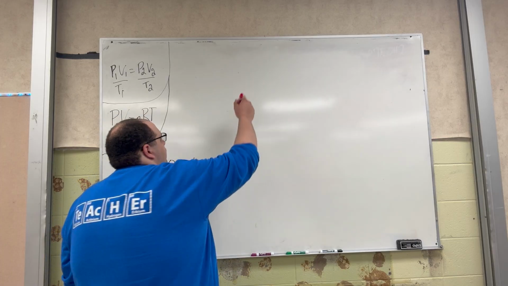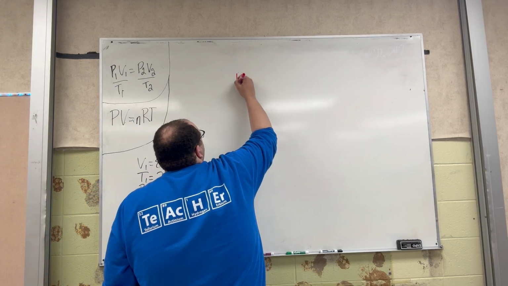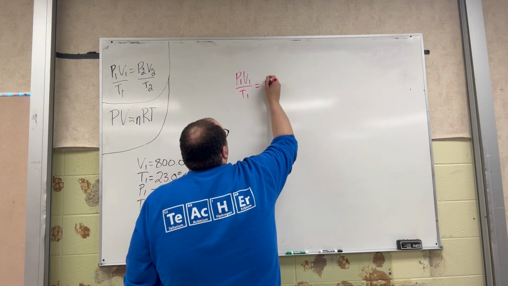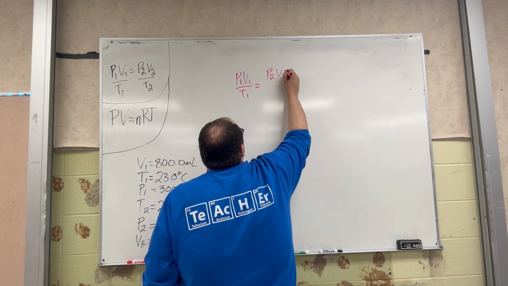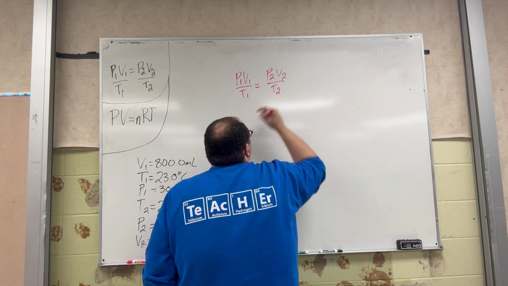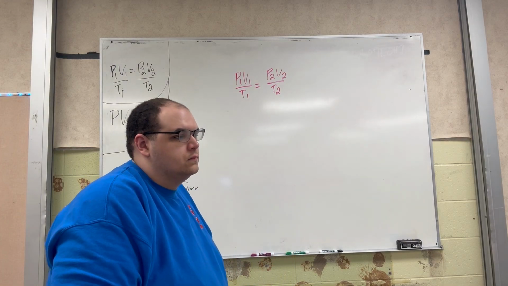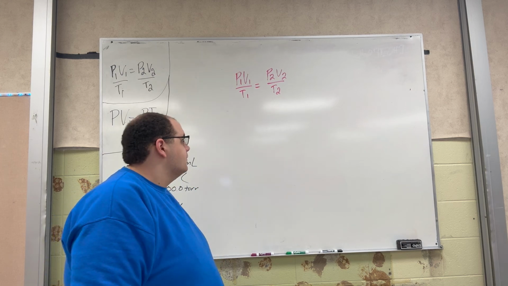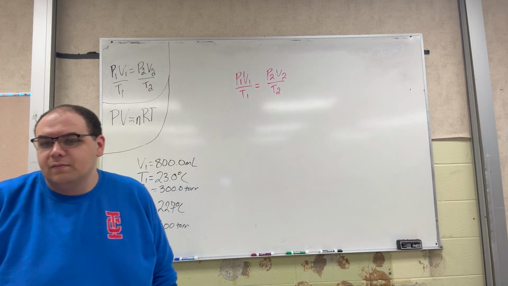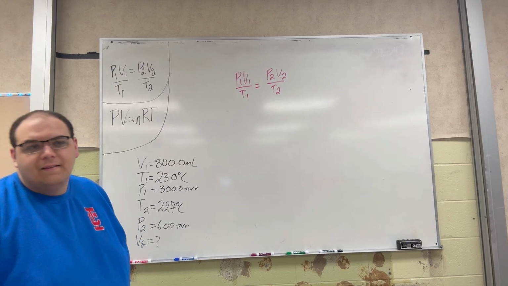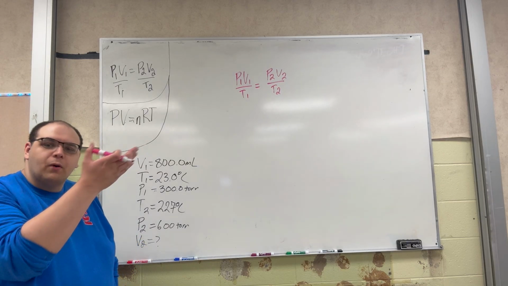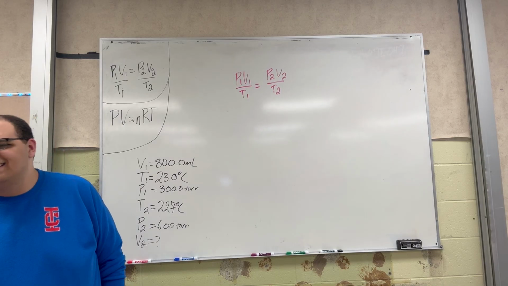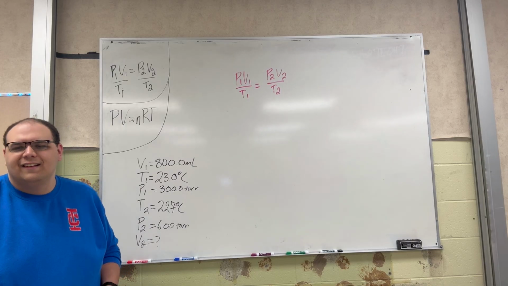P1 V1 over T1 equals P2 V2 over T2. I can't see the board right now. I'm still on the givens. You can get them from the problem.